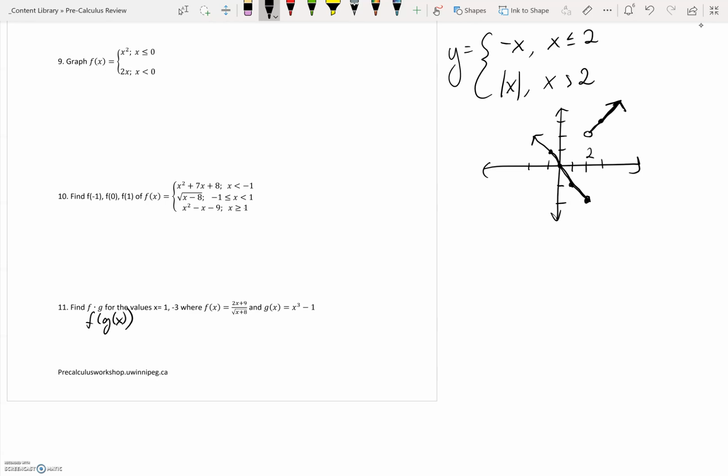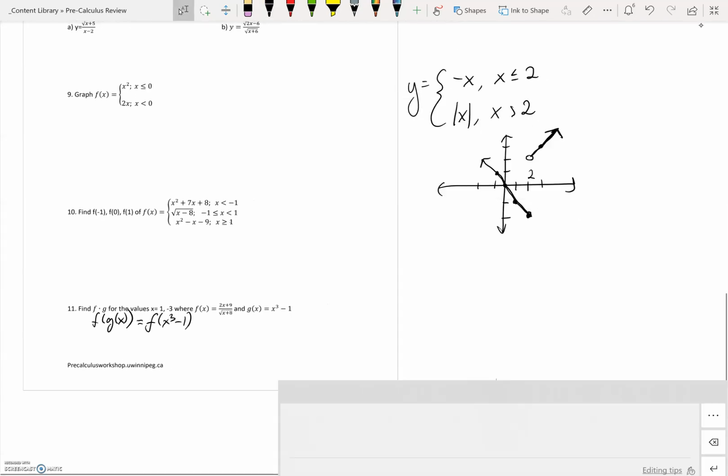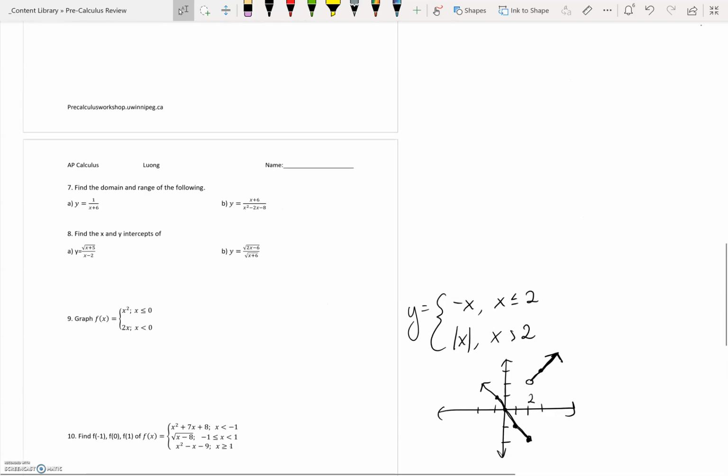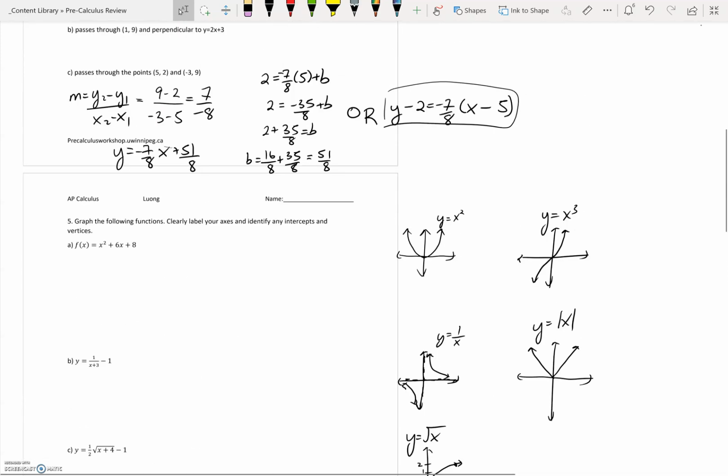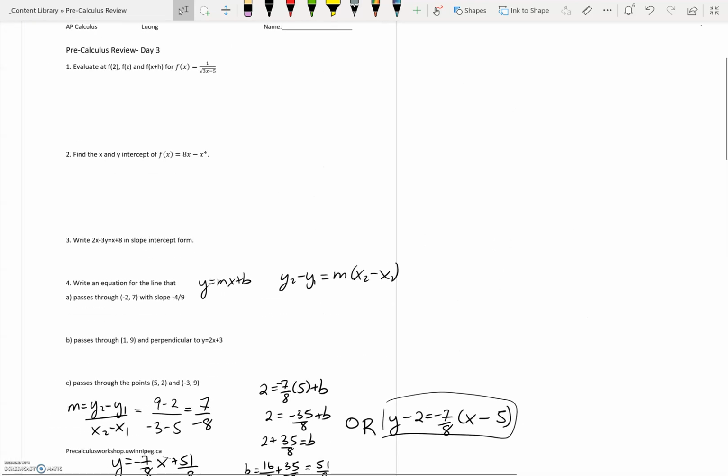So g would go into here, and then you're going to plug x cubed minus 1 into your f of x function. Then afterwards you can plug in 1 right away and also -3 right away. So this one's a bit shorter than last time. That's all the different questions that we're going to really focus on in this section of our pre-cal review.